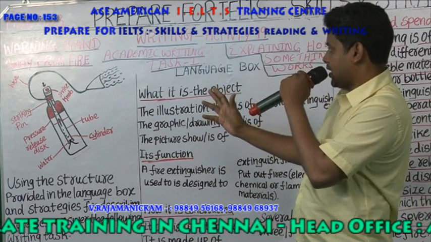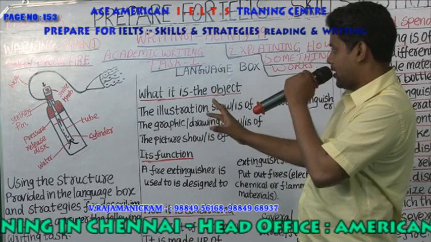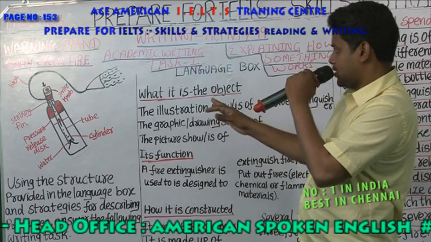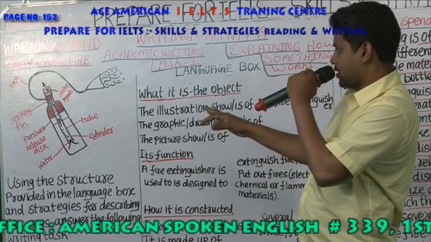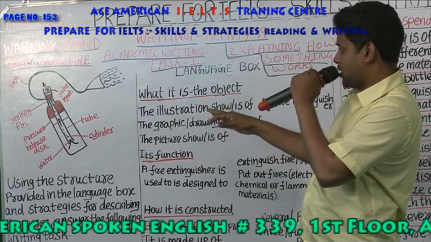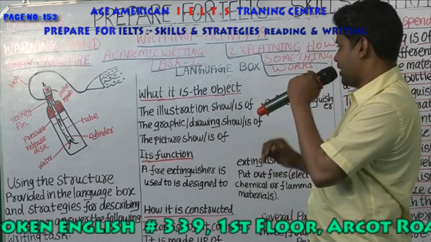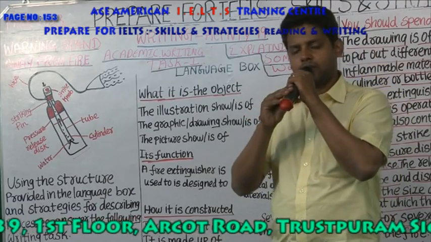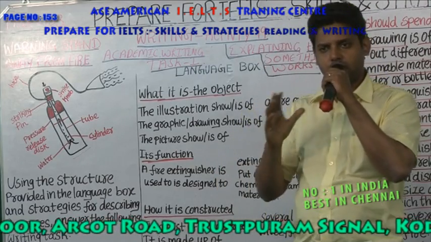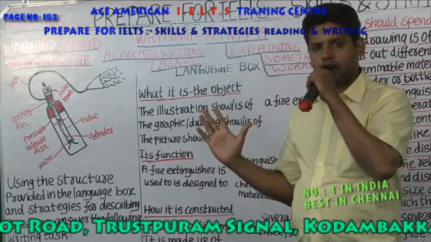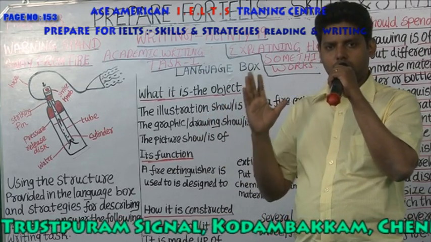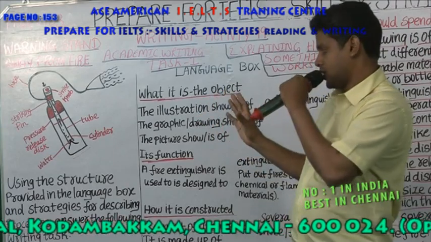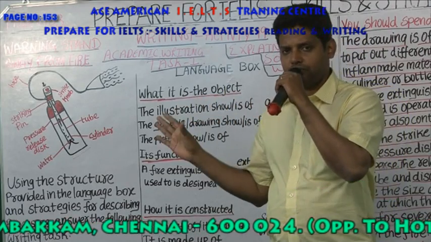It contains the strike knob and the tube, the red cylinder, and in it there is pressure, water and powder. When an untoward incident with regard to fire happens in a building or in a public place, this is mainly used to put down the fire.